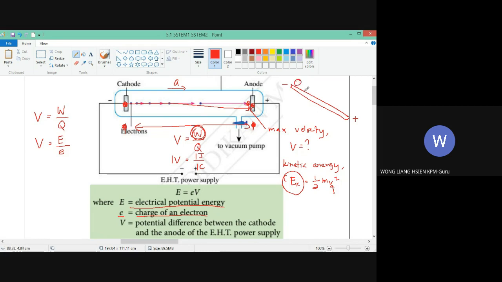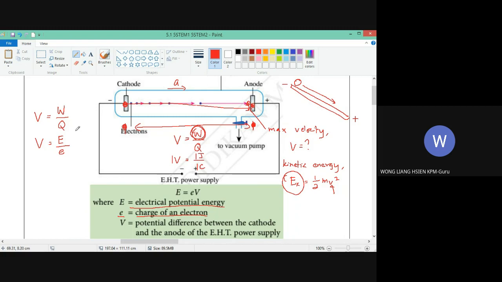Because it's a slope, with one side positive and one side negative, there is potential energy similar to elastic potential energy or gravitational potential energy. So the electron can gain energy and move between the cathode and the anode.